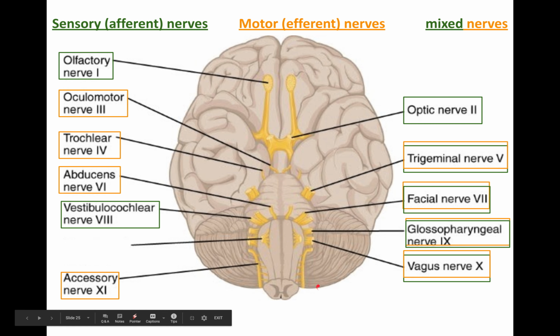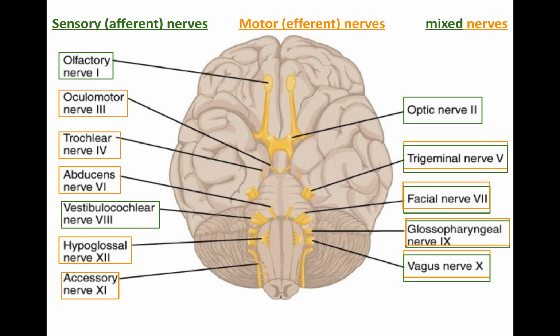And then we have the accessory nerve, which is allowing for motion in your neck. If you think of the neck as an accessory to your head, that's one way I sometimes remember the accessory nerve. And then finally, we have the hypoglossal nerve. The hypoglossal nerve has to do with your tongue.